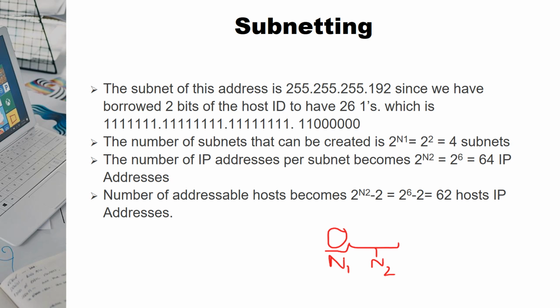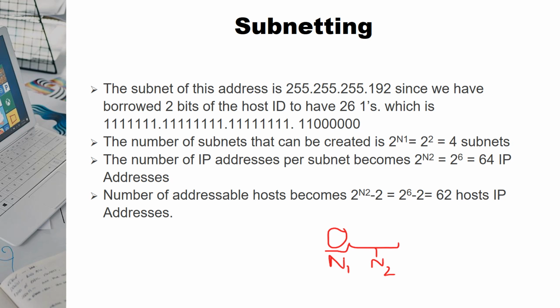And these 2 ones are the ones that have been borrowed from the host. If you count the number of ones on the screen, you see that we have 26 ones.